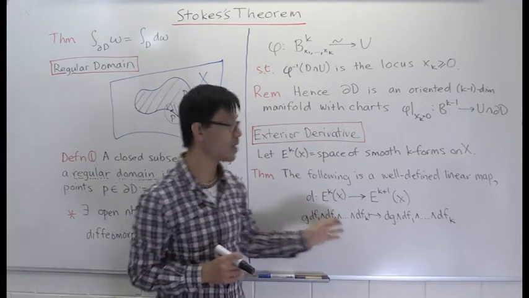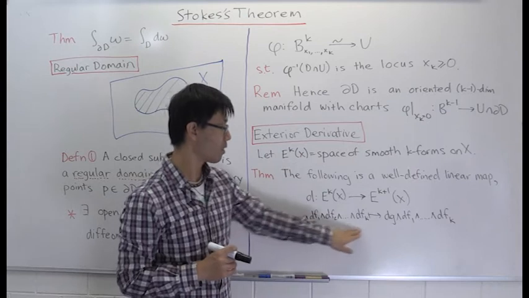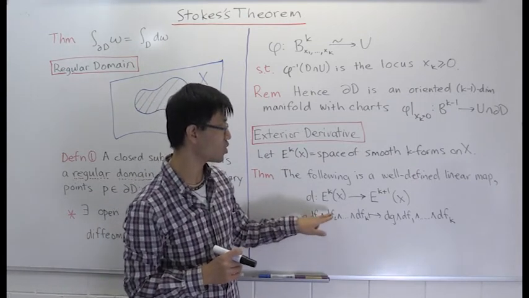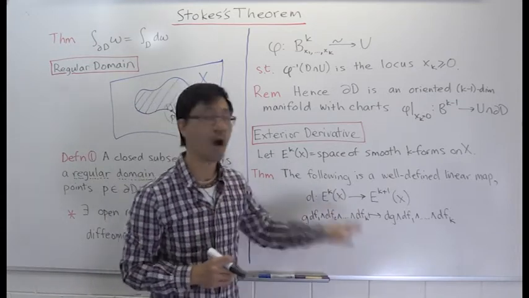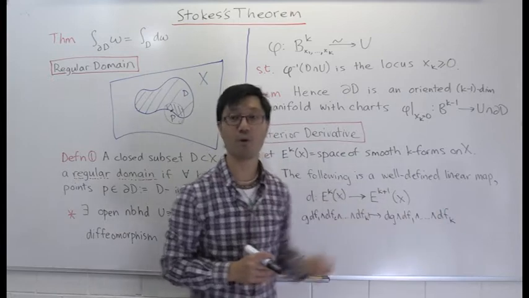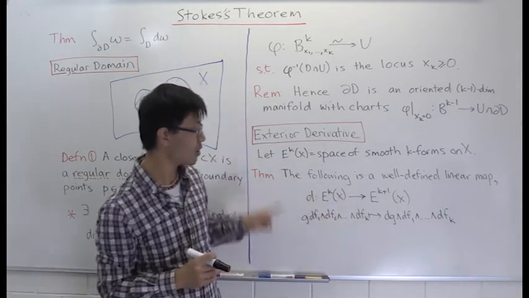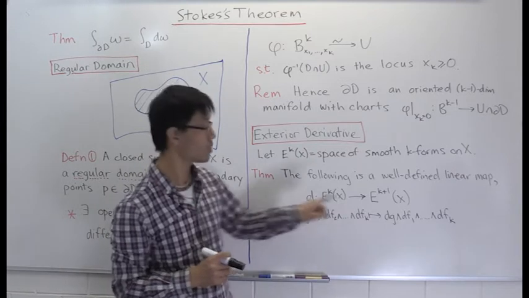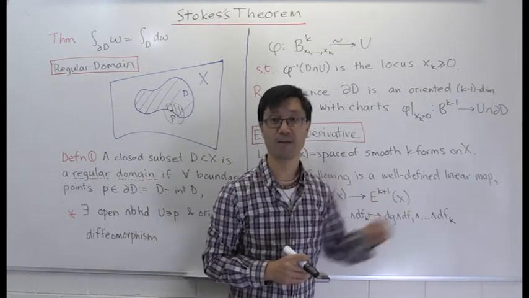It's a linear combination of things of this form: some smooth function g times df1 wedge df2, all the way up to dfk. And from that, I need to give you some (k+1)-form. And all you do is keep the last part and just apply d to g. So dg is a 1-form. So you have dg wedge df1, all the way up to dfk.